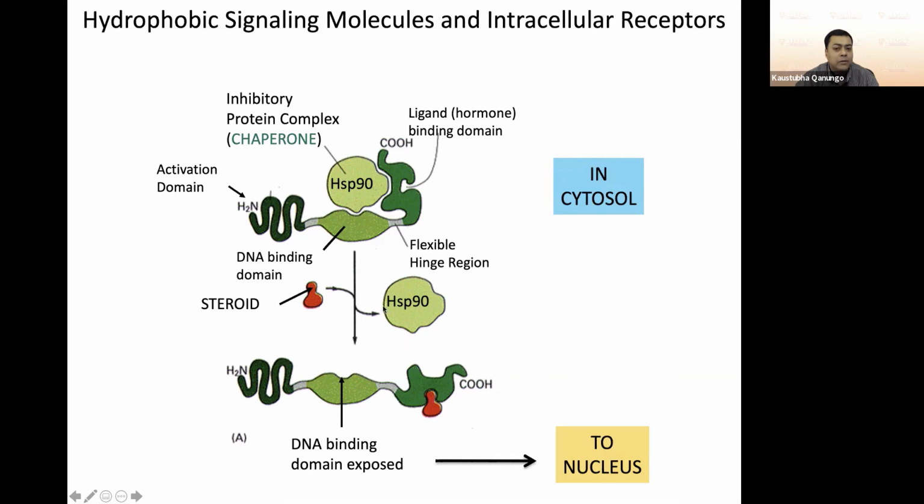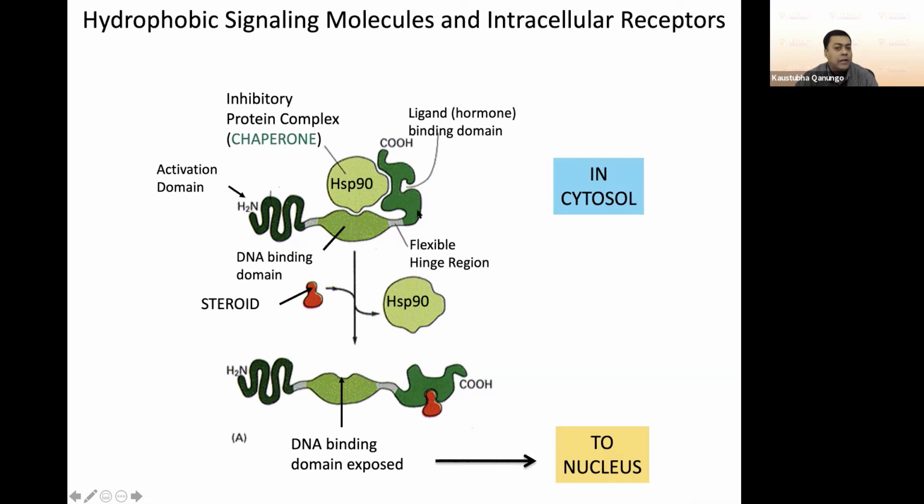You have to understand that the only way to change this DNA binding domain is when the ligand is bound right here. That changes the DNA binding domain, and this ligand binding domain is interacting with this protein to keep the DNA binding domain separate.